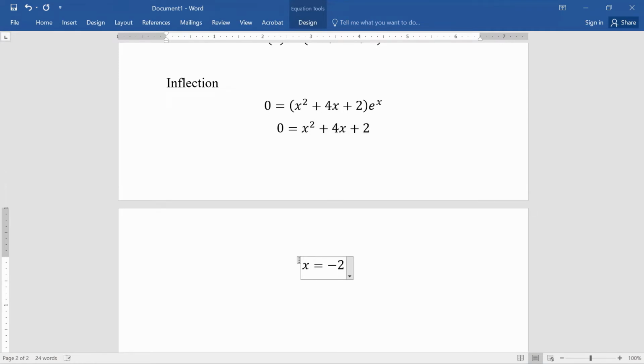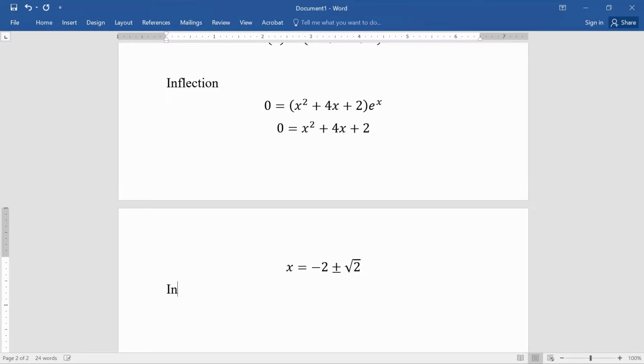So -2 plus root 2 is one solution. -2 minus root 2 is another solution. Again, just use the quadratic formula and simplify it, and you'll get that. That means we have 2 inflection points.